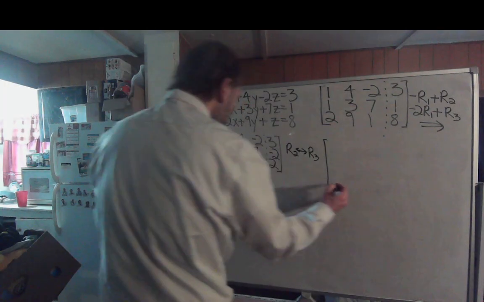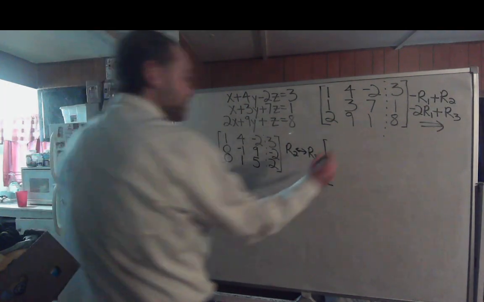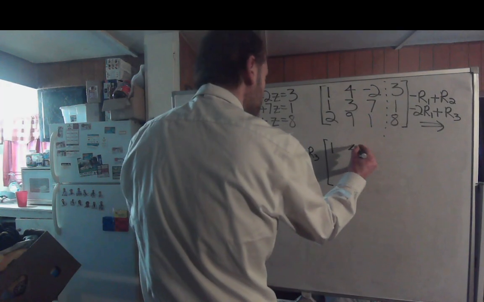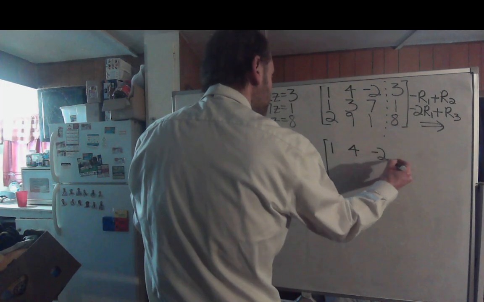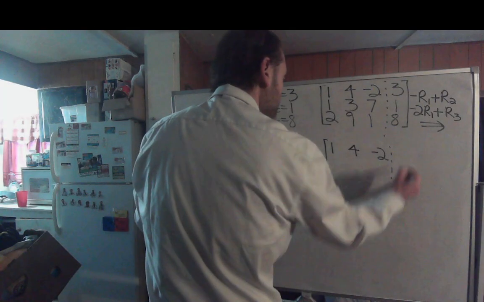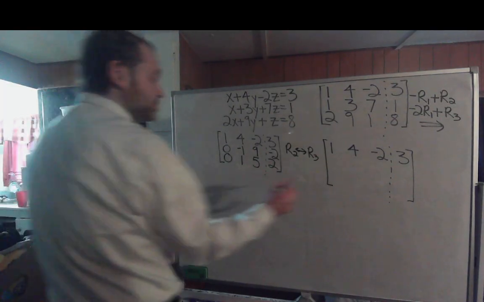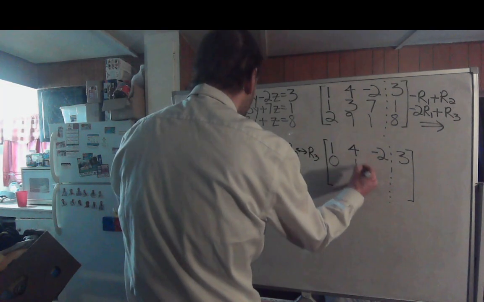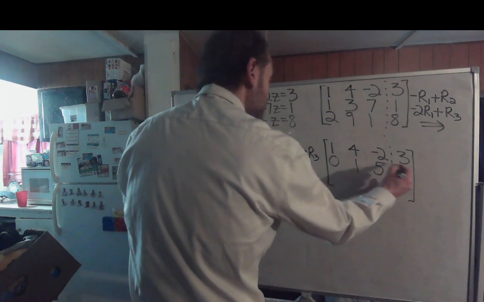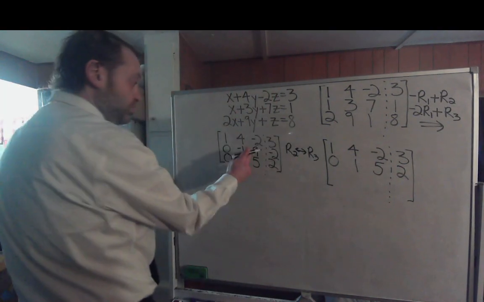So we're swapping rows 2 and 3, so row 1 gets left alone. 1, 4, -2, 3. Now row 3 becomes row 2, so you'll have 0, 1, 5, 2. Then row 2 became row 3.